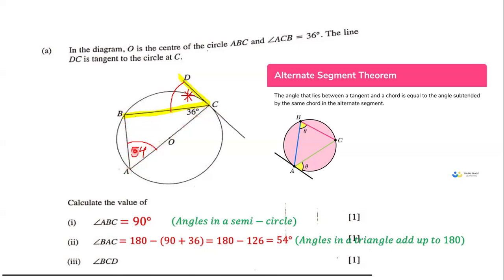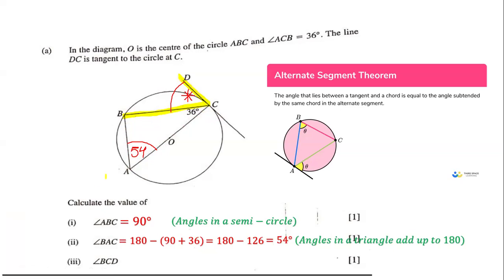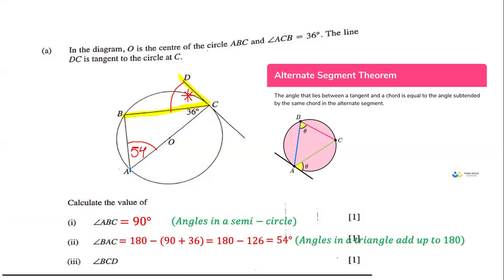We know this angle A is subtended by the same chord because if we look carefully, the legs of angle A rest on the chord. So this angle that measures 54 degrees is subtended by this chord that is in yellow.